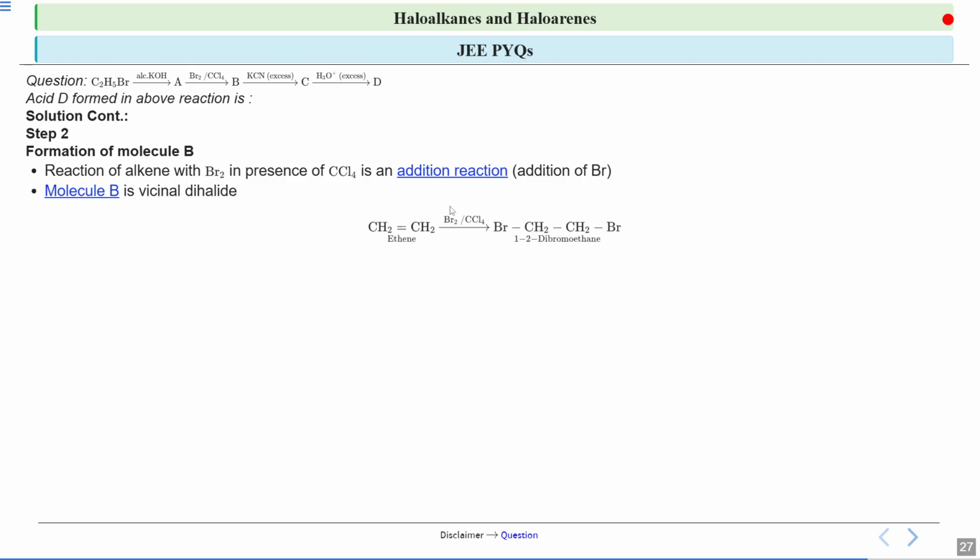So ethene reacts with bromine in presence of CCl4, giving 1,2-dibromoethane. This is a vicinal dihalide, where the two bromine atoms are attached to adjacent carbons. So molecule B is 1,2-dibromoethane.